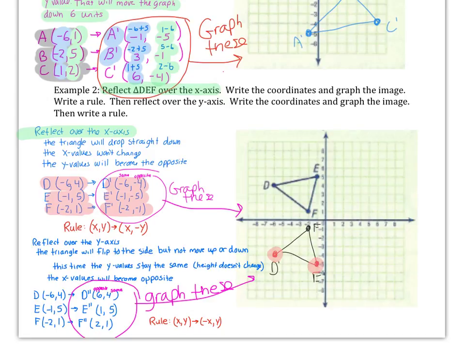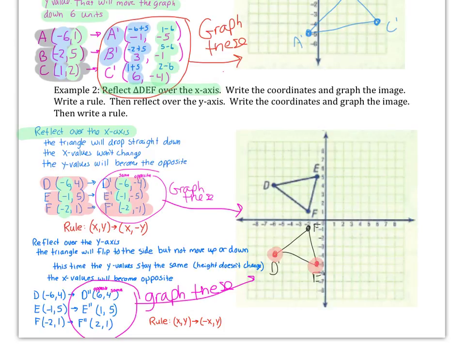Now the coordinates are going to help you come up with the rule. So when you reflect something over the x-axis, here's a lot of things that you notice. The x value negative 6 stayed exactly the same. The x value negative 1 stayed exactly the same. The x value of negative 2 stayed exactly the same because we didn't move this triangle left or right at all, and that's how you change the x values.